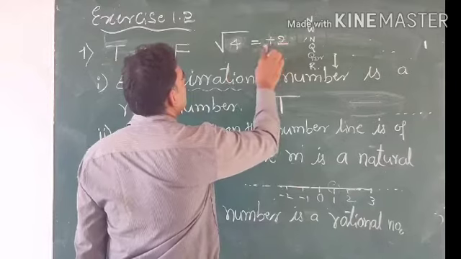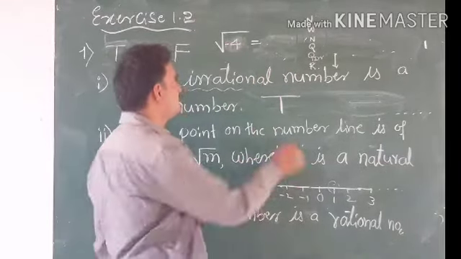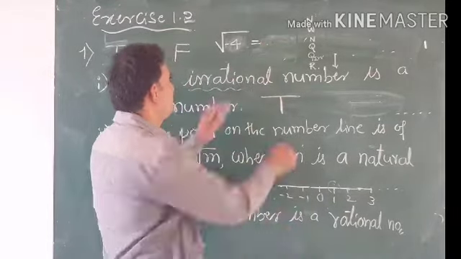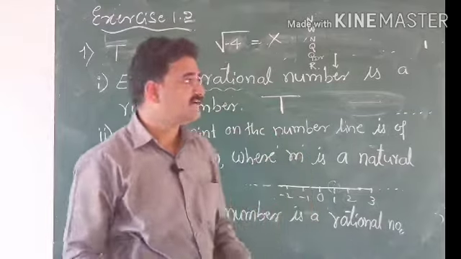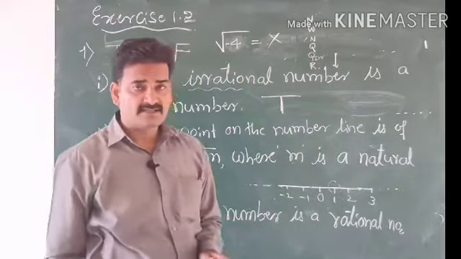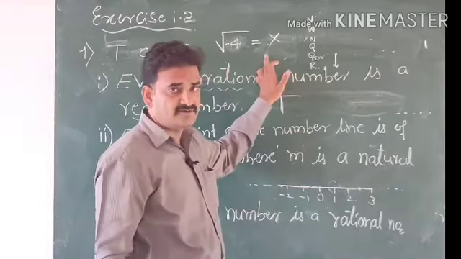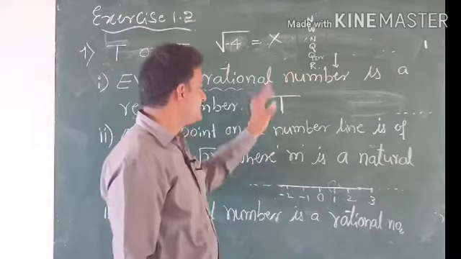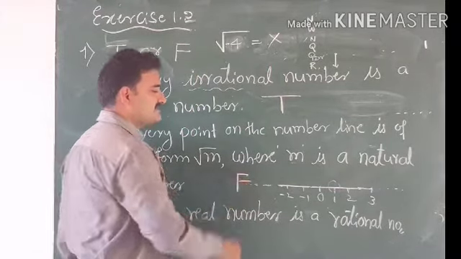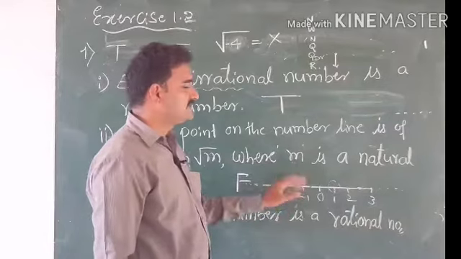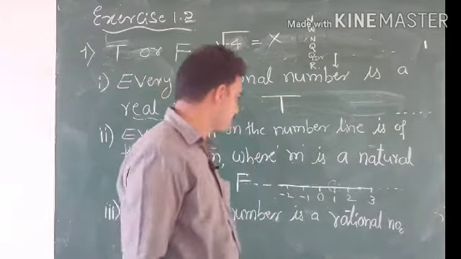But root of minus 4, it is not minus or plus. Still we have not got the solution. Still mathematicians have not found the solution of this. If minus is inside the root, you will not get anything. So that's why this statement is false, because negative numbers by using natural numbers it is not possible to plot on the number line.